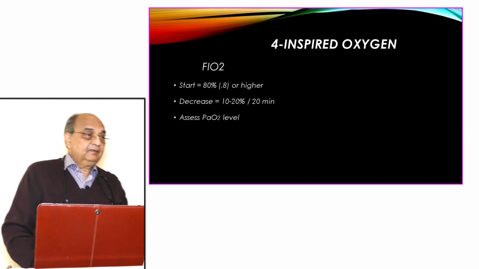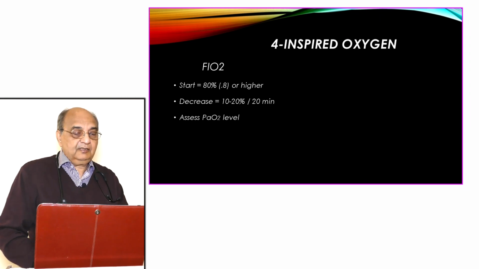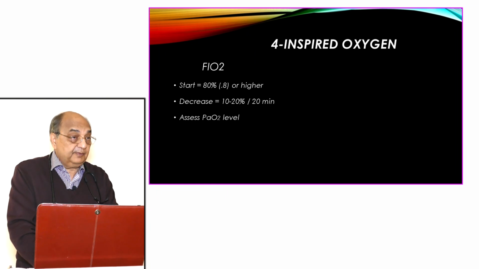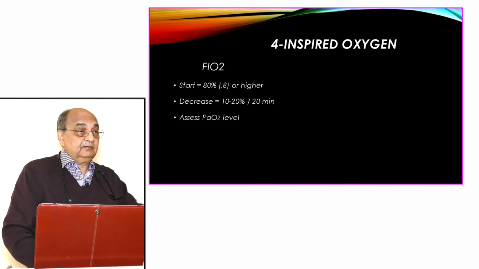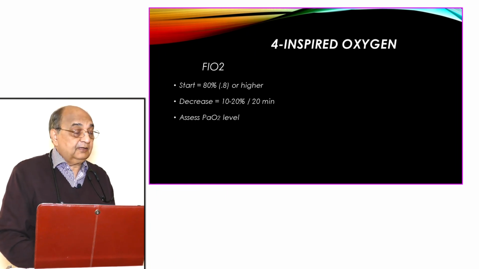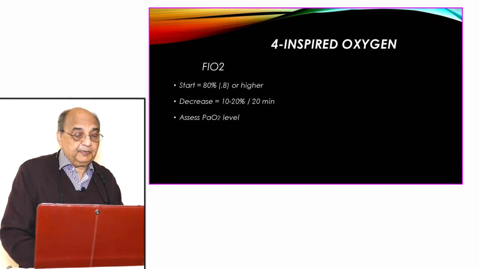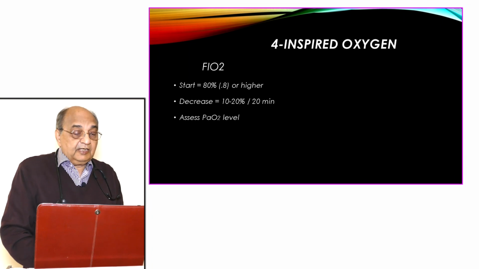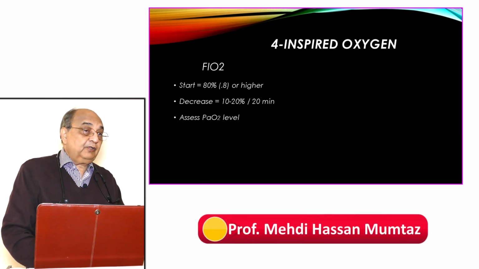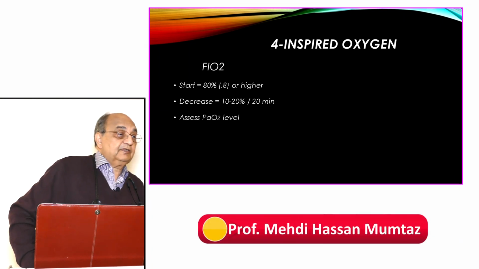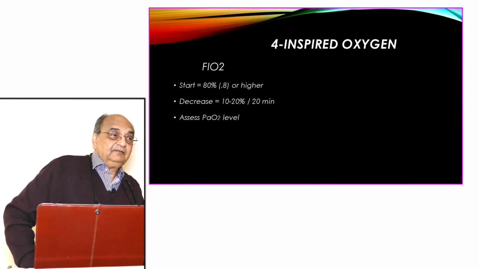FiO2. When you start putting the patient on, you put on 80% or above. It doesn't matter what is the pathology of lung. You start with 80%, then you decrease 10 to 20% every 20 minutes till you get the desired PaO2, partial pressure of oxygen in the blood, right?